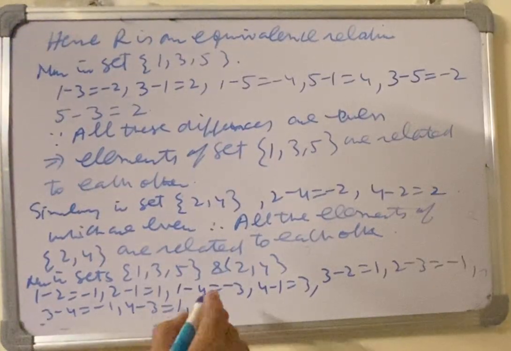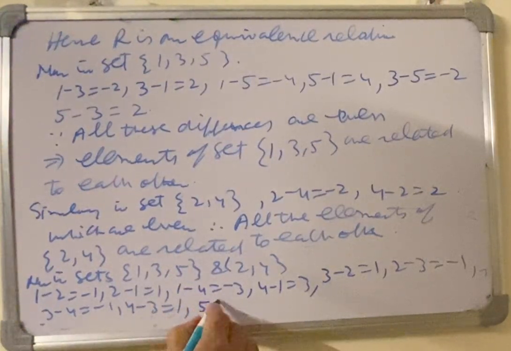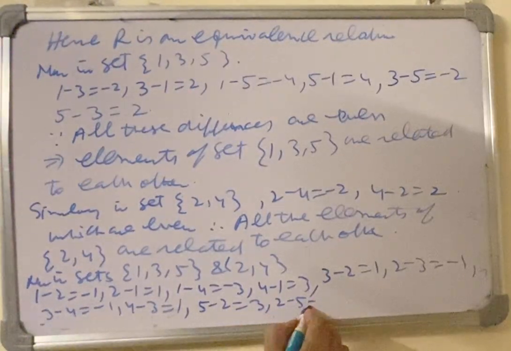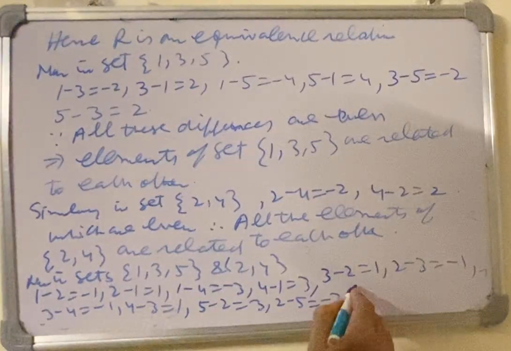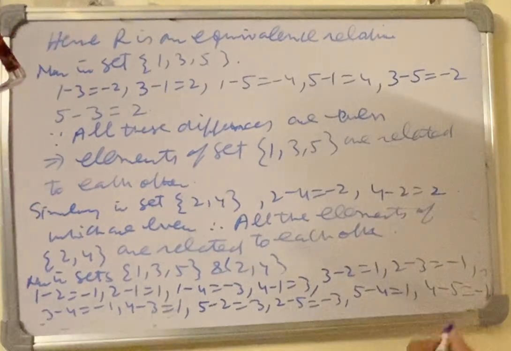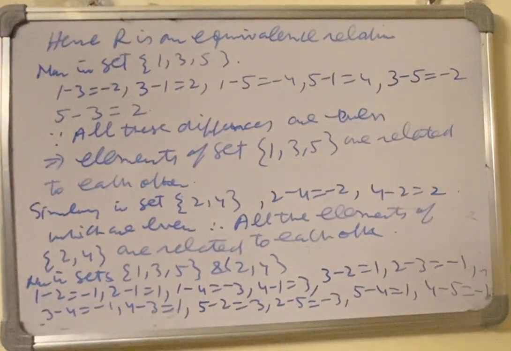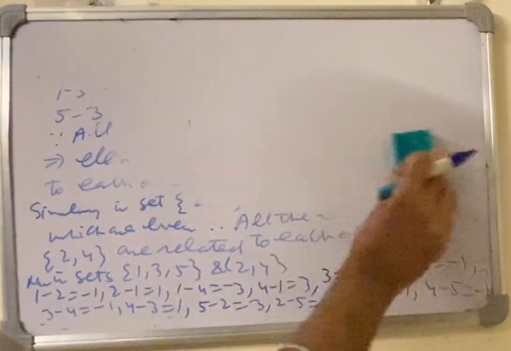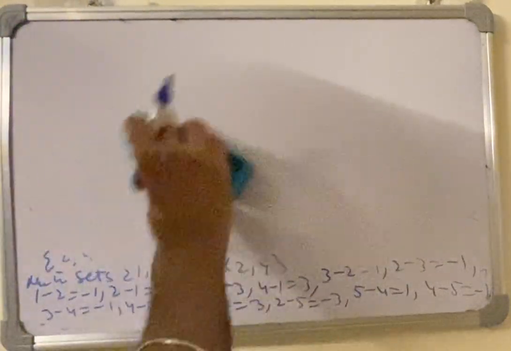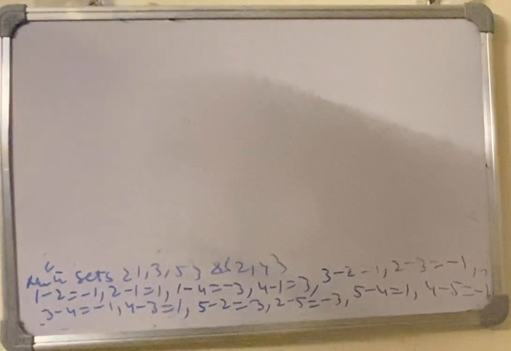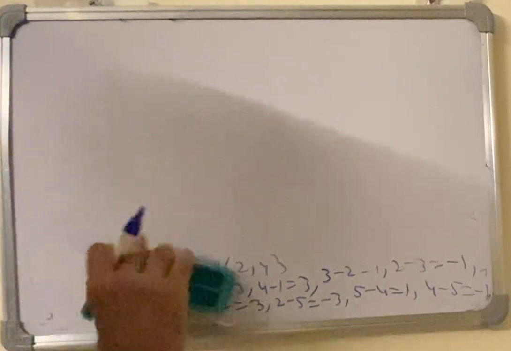Similarly, 5 minus 2 is 3, 2 minus 5 is minus 3, 5 minus 4 is 1, 4 minus 5 is minus 1. Therefore, you can see here that the difference of any two elements of 1, 3, 5 and 2, 4 sets are odd, are not even.